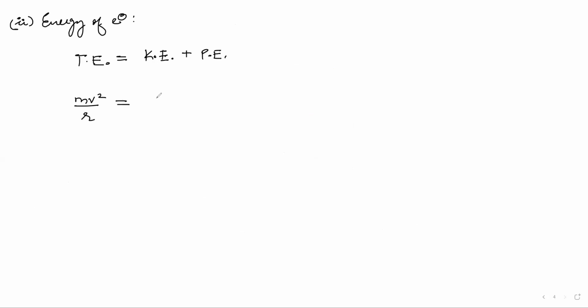This will be equal to k into Z into e square by r square. So the first thing that we can eliminate is this r by this r.